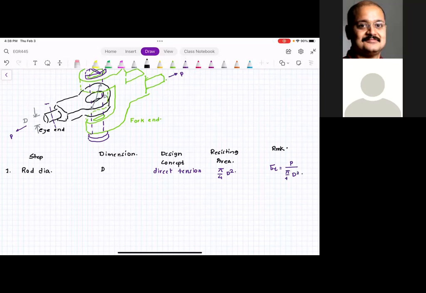So for knuckle joint, they will give you the value of load, usually given in kilonewtons. They will give you the value of sigma T, which is the tensile stress, the value of sigma C, which is compressive stress, and shear stress.